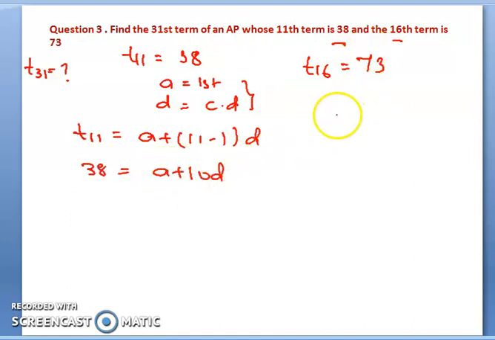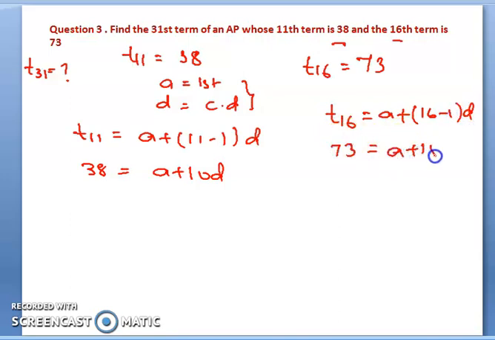Similarly, I can write T16. T16 is equal to A plus (16 minus 1) into D. So T16 is 73. 73 is equal to A plus 15D. Now we have two equations. This is 1 and this is 2. So we'll subtract them because A and A we can cancel.